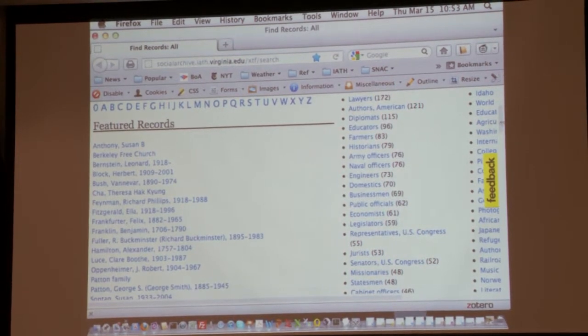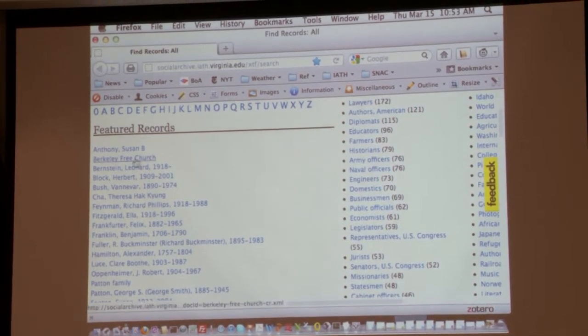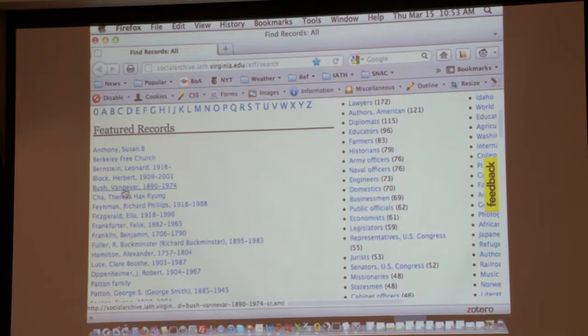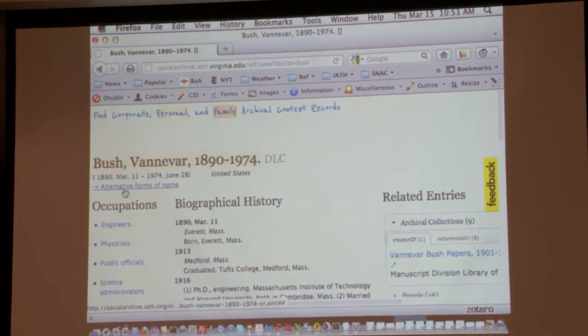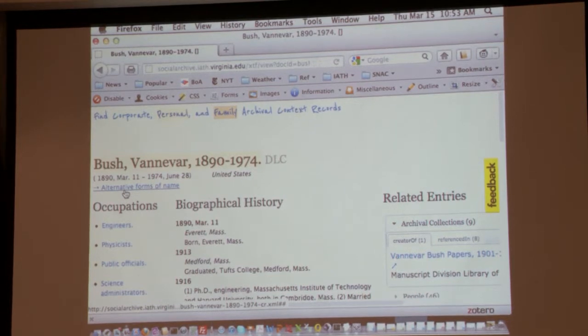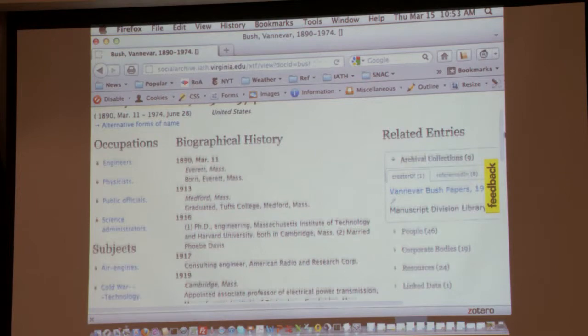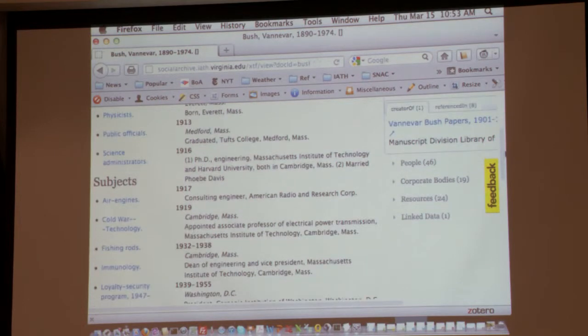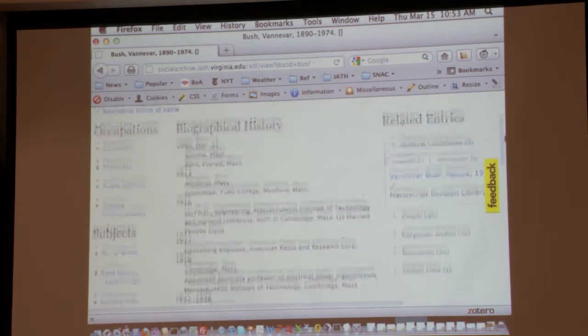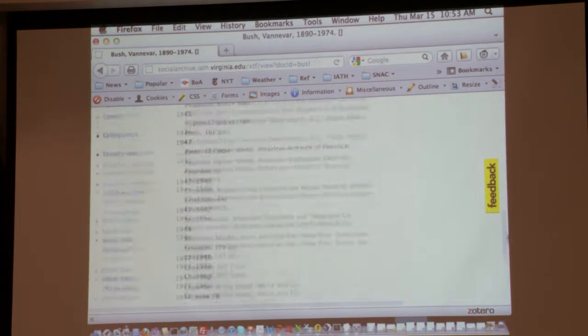But for some of the more interesting people, I like to do Vannevar Bush since he's the hero of linking, thinking machine, the web, you know, everyone looks at him as the father. So here's Vannevar Bush. I can see here that he was an engineer, a physicist, a public official, a science administrator. I can read a biography of his life.